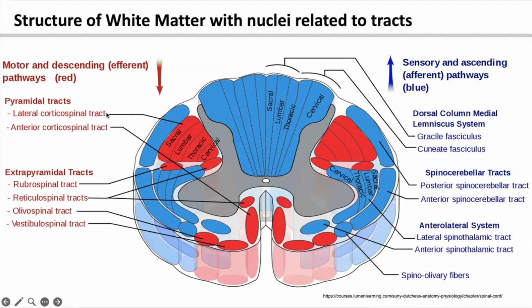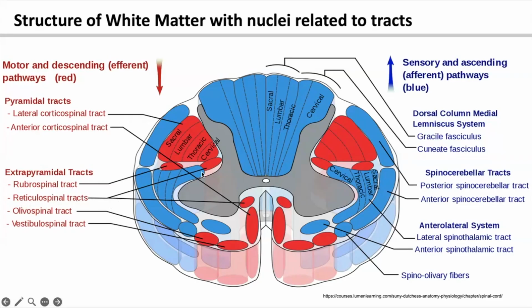So the pyramidal tracts, as you can see in here, the anterior corticospinal tract is in the anterior part, and the lateral corticospinal tract is in here. And the extrapyramidal tracts: the rubrospinal tract, which we said is not present much in human beings.